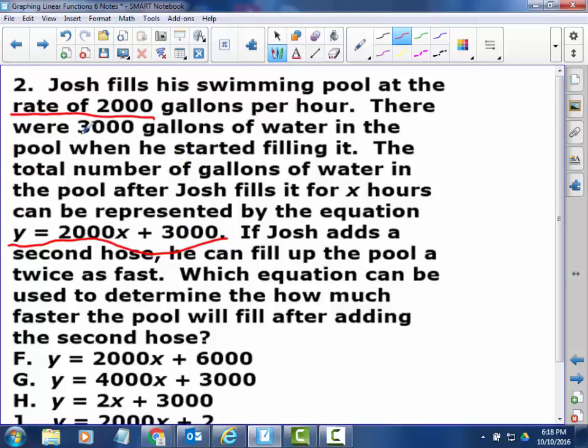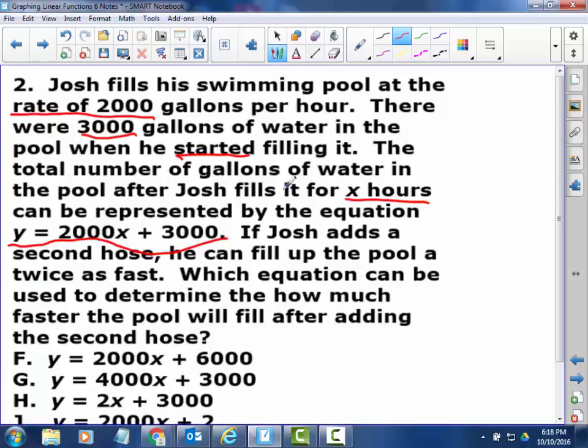And it says there were 3,000 gallons when he started. Okay, so that equation makes sense, and x represents the hours. Okay, so if it was 1 hour, then he had 2,000 gallons in that 1 hour, plus the 3,000. All right, I got the equation.